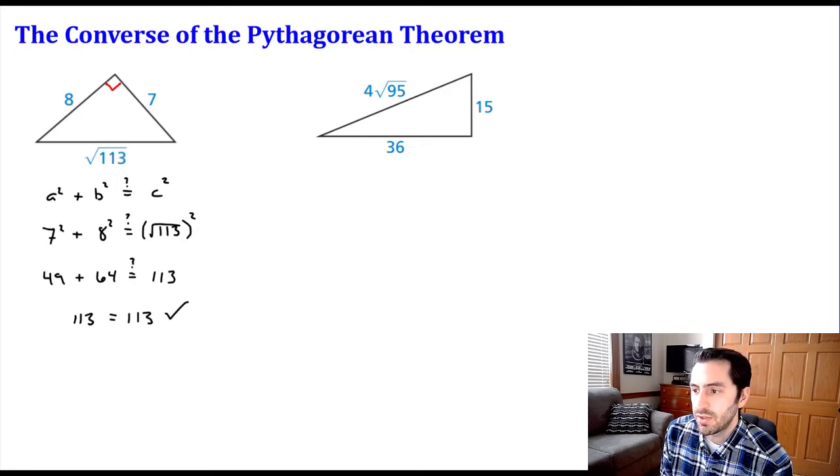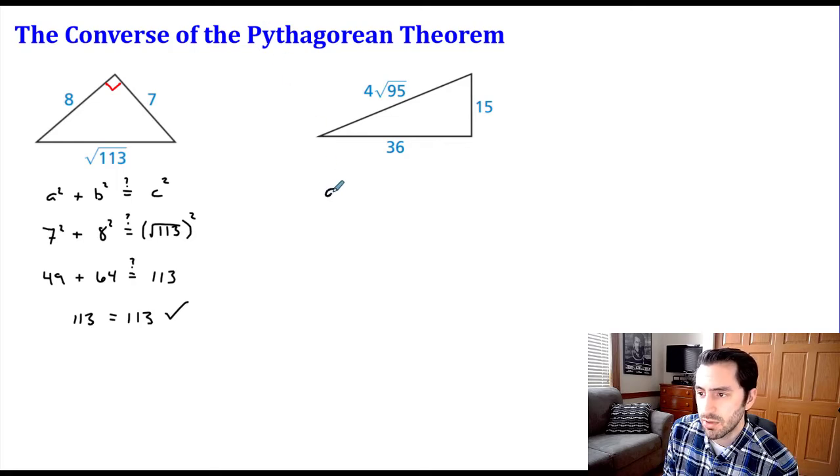So here we have sides of 15, 36, and 4 times the square root of 95. Again, we want to plug all of that into our Pythagorean theorem to see if it works. 4 times the square root of 95, that's going to be our biggest side. The square root of 95 is a little bit less than the square root of 100, so a little bit less than 10.